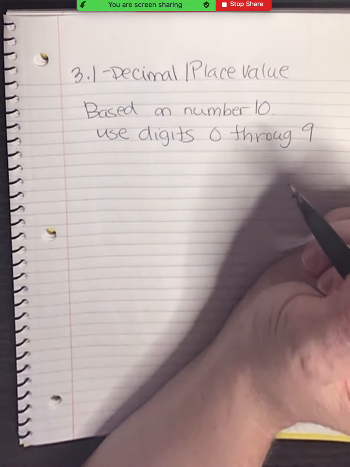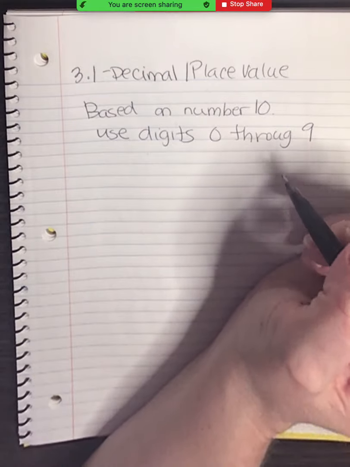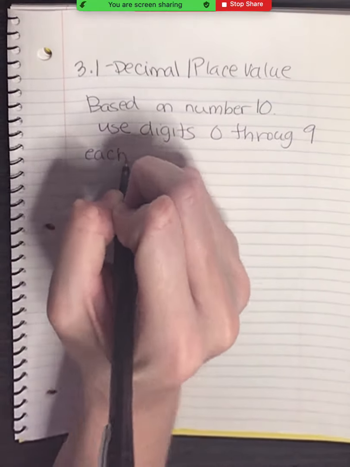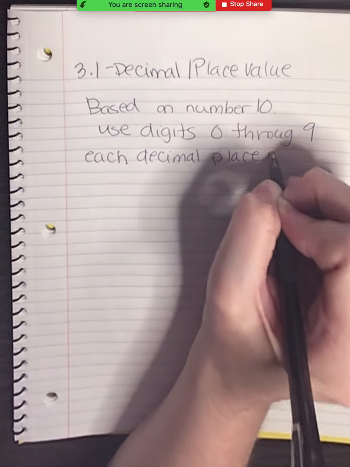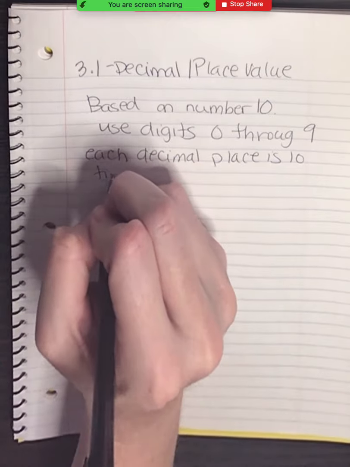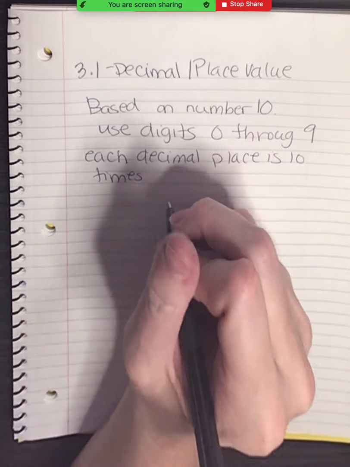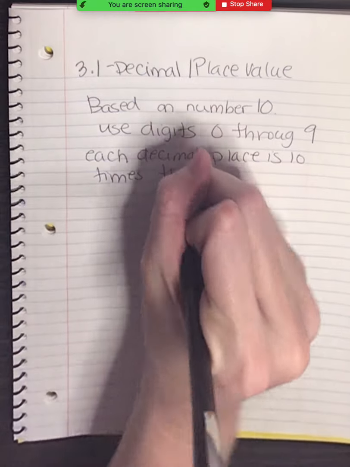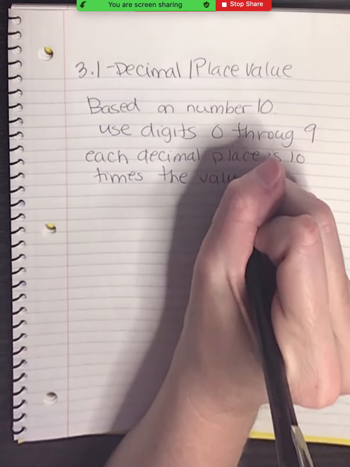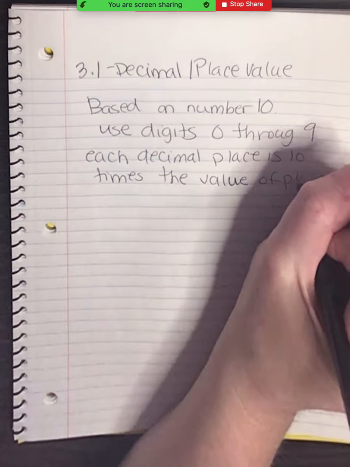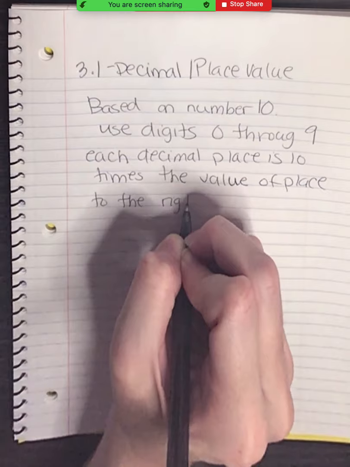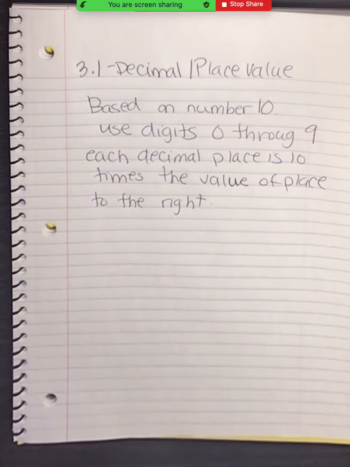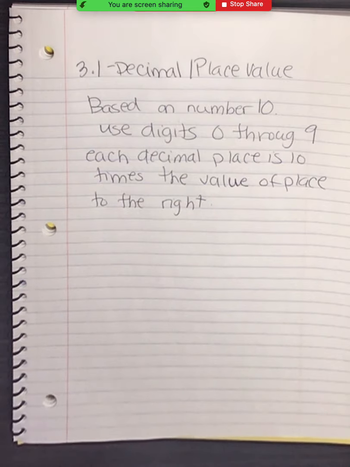So in the decimal system, each decimal place is 10 times the value of the place to its right. So the value of each digit depends on its position.